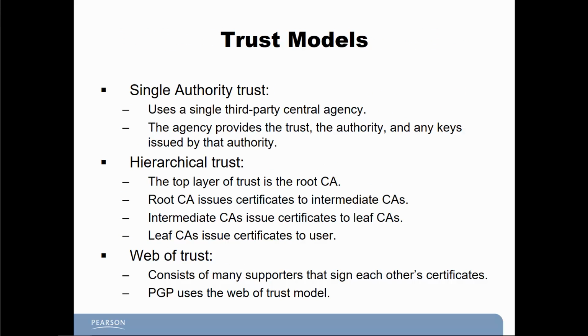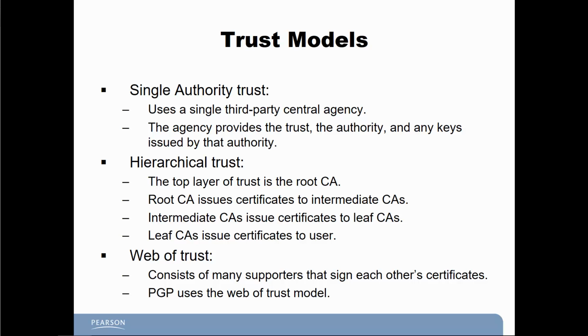So different trust models could be a single trust. That means we normally don't use a third party, or if we do, we're using just a single third party, versus a hierarchy trust, where we trust a top layer root certificate or root certificate authority, and then they may issue certificates to their underlings, and the underlings may issue certificates to their underlings, and eventually we get our appropriate certificate.